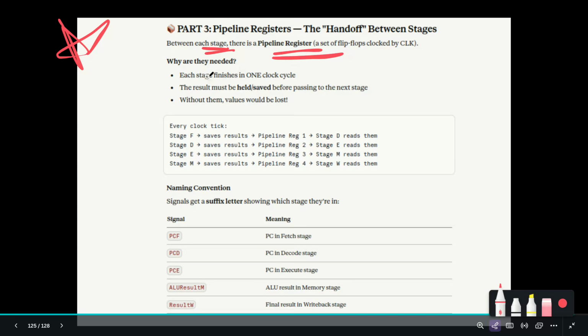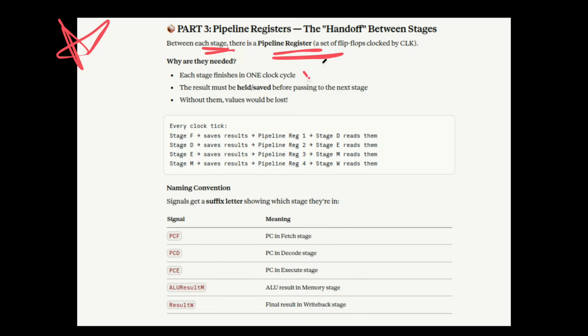Why are they needed? Each stage finishes in one clock cycle. The result must be held or saved before passing to the next stage, so without them, values would be lost. We have to understand that each stage is executing in one clock cycle.